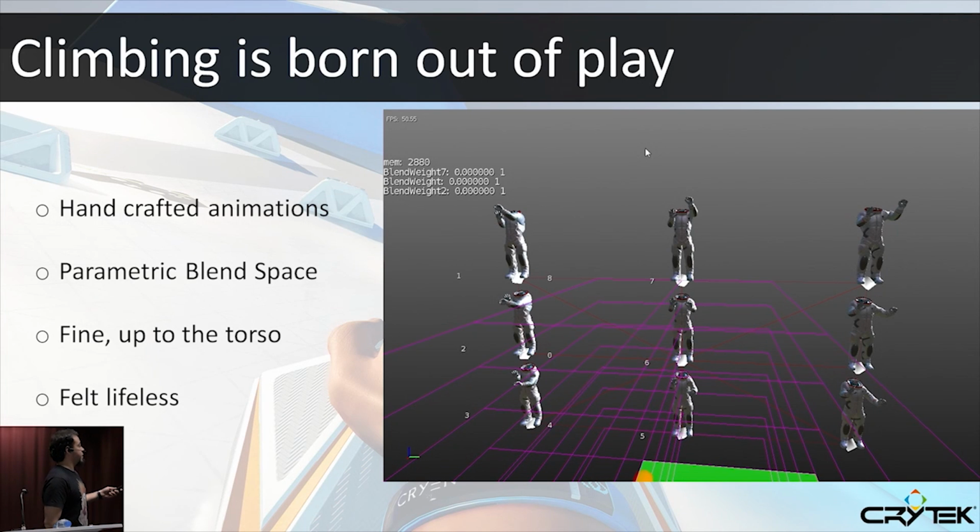The last problem, of course, is that it felt completely lifeless. No matter what you're doing, no matter how strained you are, no matter what's happening in the game, this same animation tried to reach it at the same point, and if you cancel it midway, it had to reach back in the same process, and it felt completely lifeless.